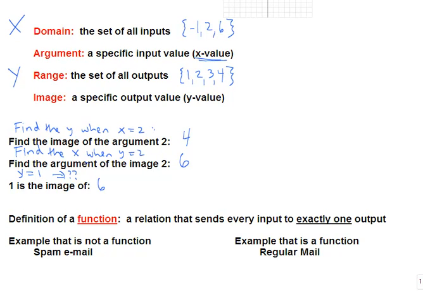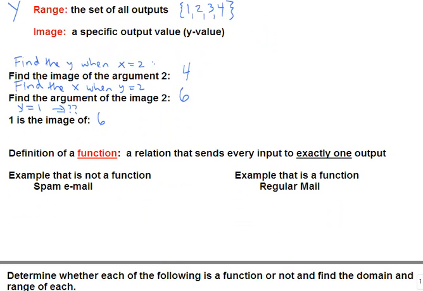Okay? So a relation is a very general idea. It's basically any kind of correspondence or mapping between x's and y's. What we're going to do is tweak that definition slightly and define something called a function. A function is a specific type of relation that sends every input to exactly one output.